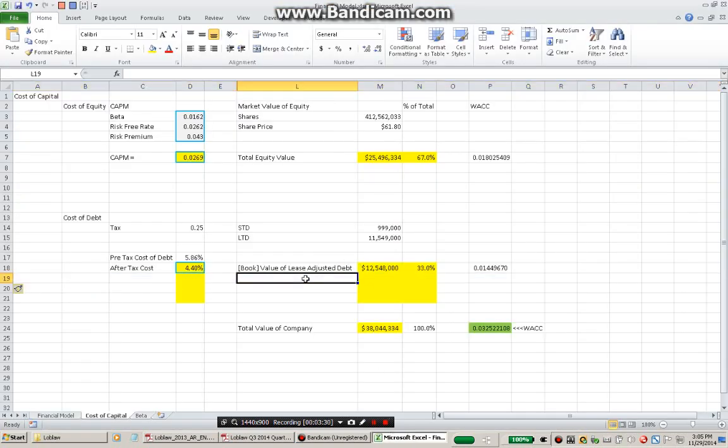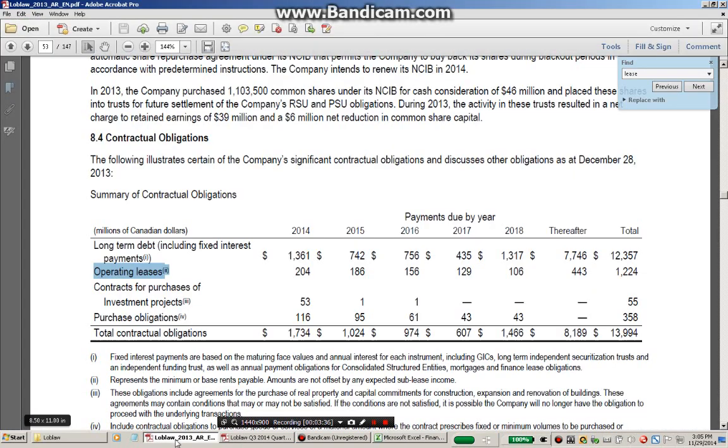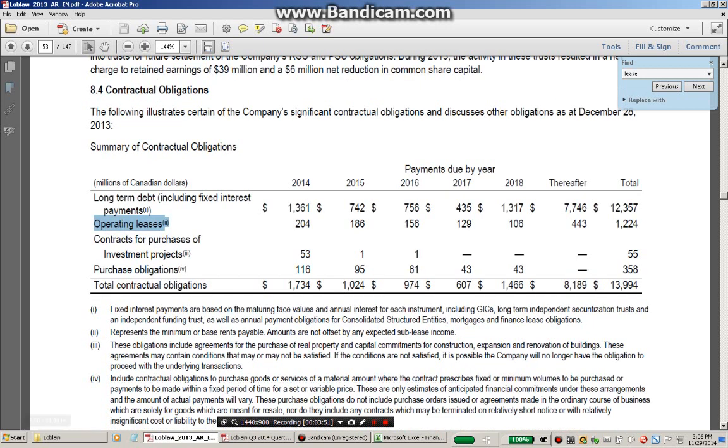Okay, so we've got operating leases, and there was one other thing there. Purchase obligations, and these other obligations. Just for now, I'm just going to include operating leases. That's a material number.